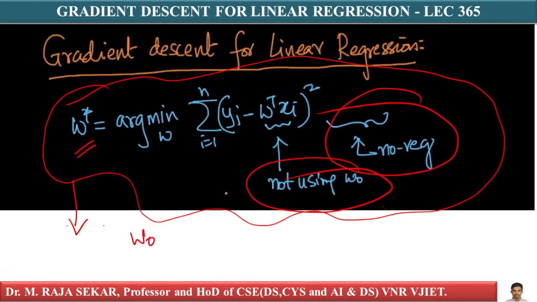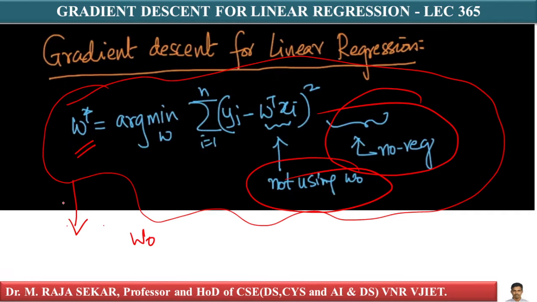I am not using the intercept term, which is W naught, just for simplicity. Of course, you can do it with regularization and an intercept term. This is what I want to minimize: argmin of W, sigma i equal to 1 to n, yi minus W transpose xi whole square.